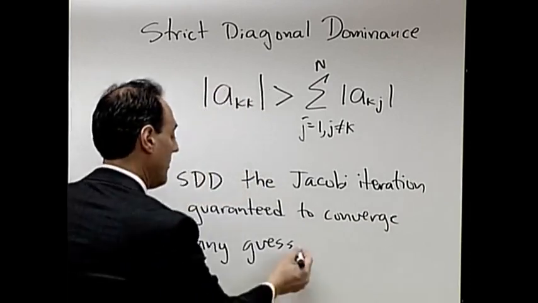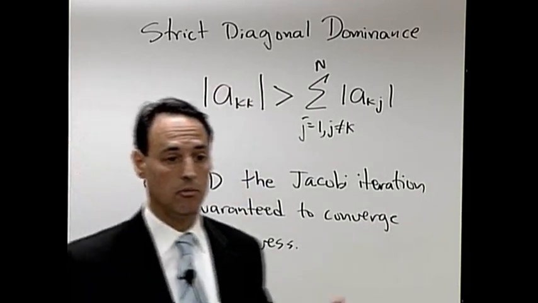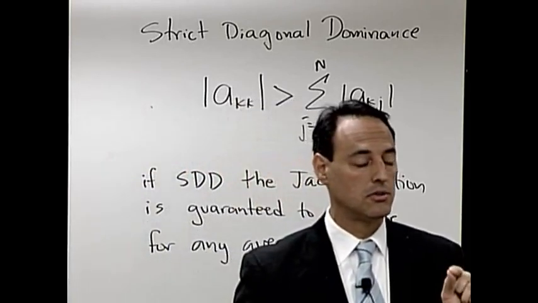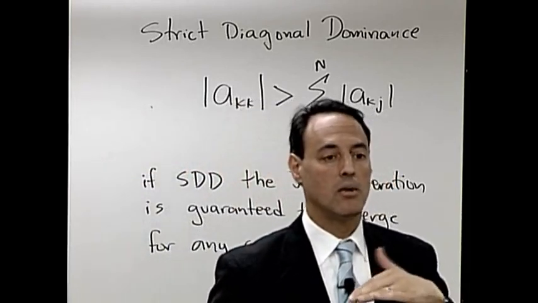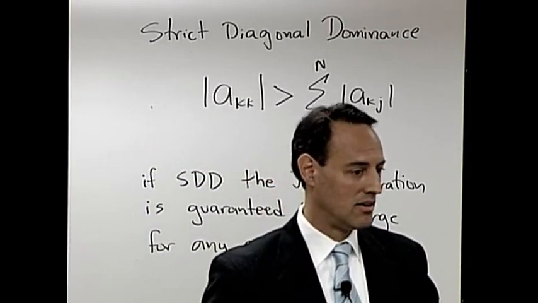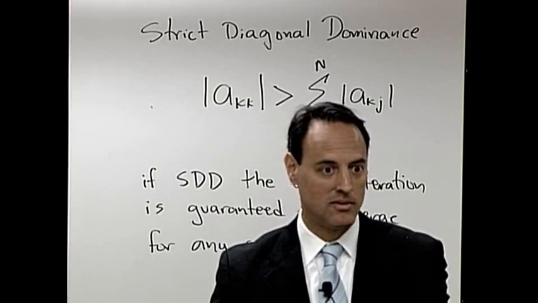Rather remarkable, especially given what we know about Newton methods. Newton methods are guaranteed to converge provided you're sufficiently close. This just says no matter what, doesn't matter how bad a guesser you are, this thing will work for you. Okay?